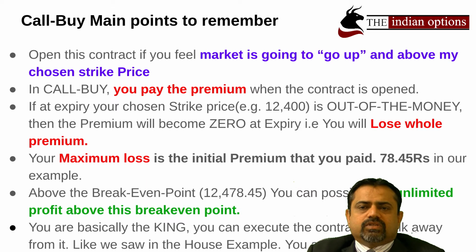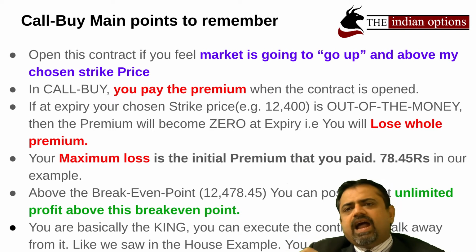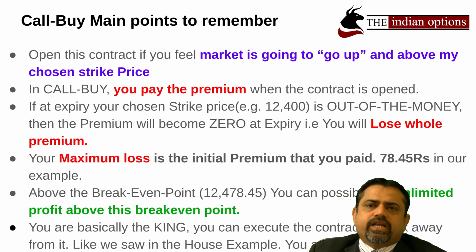Some people might choose 12,300 as the strike price if they are okay to take more risk or pay more premium. And some people might choose 12,500 as a strike price. It's based on the trading behavior and your risk appetite.